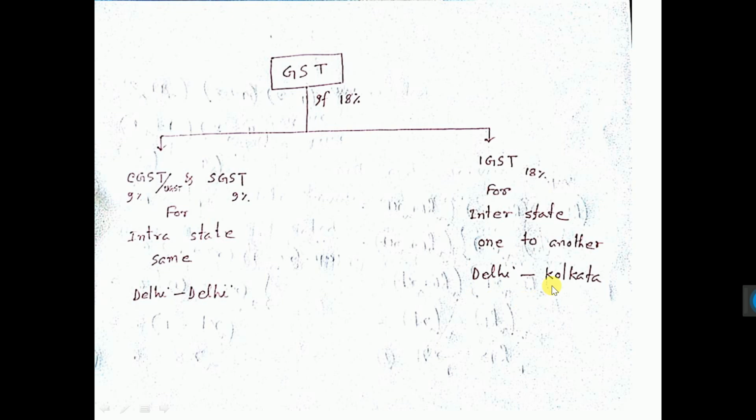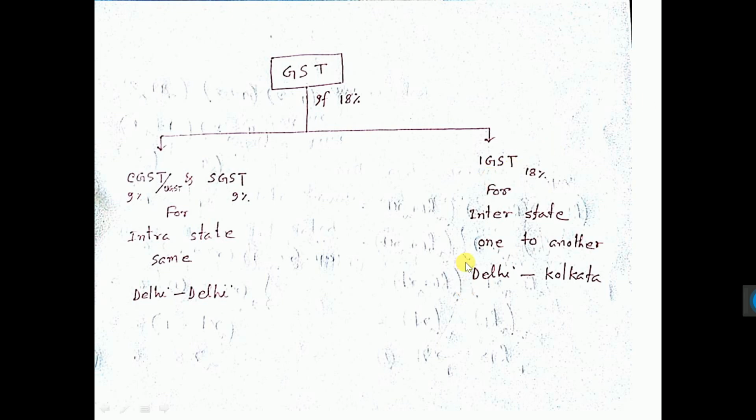And IGST means interstate. Interstate means you are purchasing from one state and selling it to another state. Let's say you are purchasing from Delhi and selling it to Kolkata, or purchasing from Kolkata and selling it to Delhi, or somewhere else in another state.